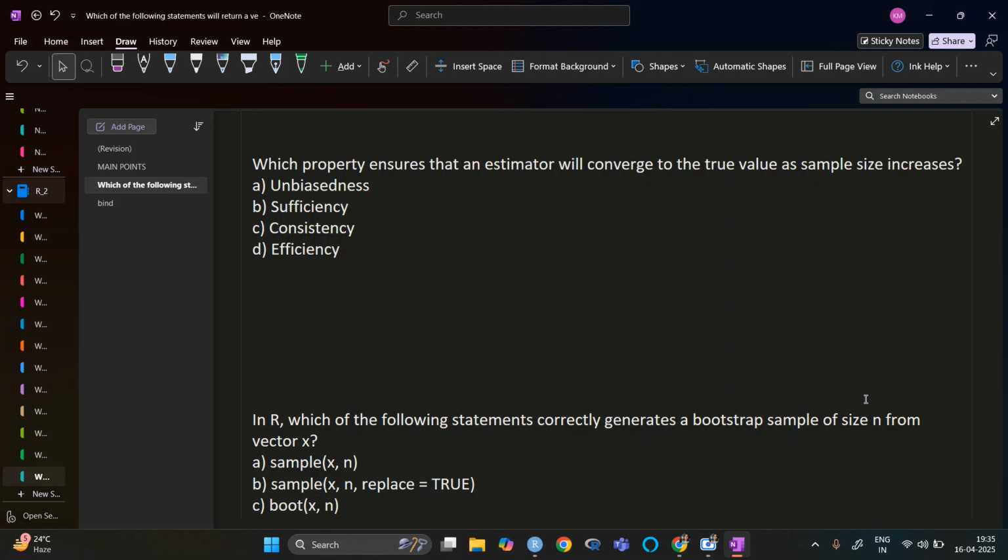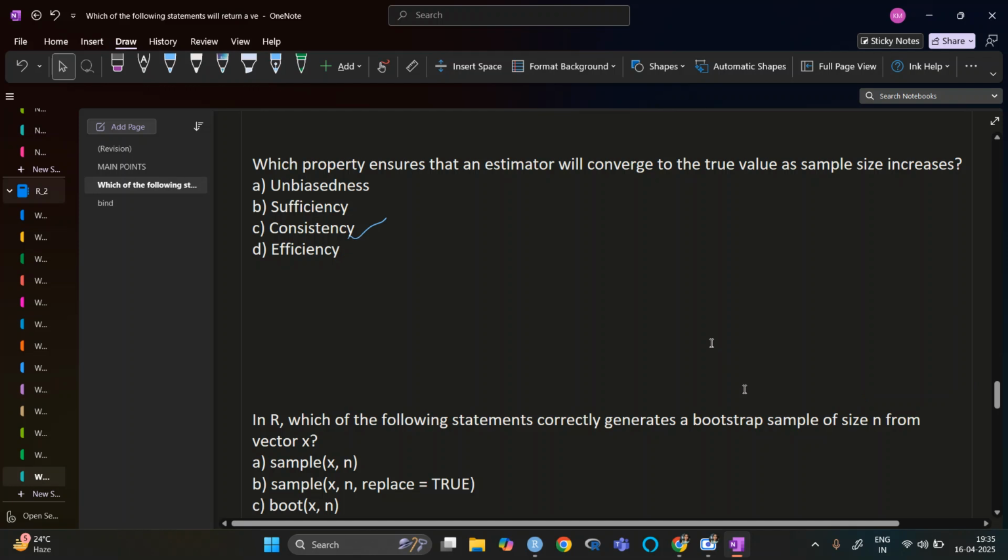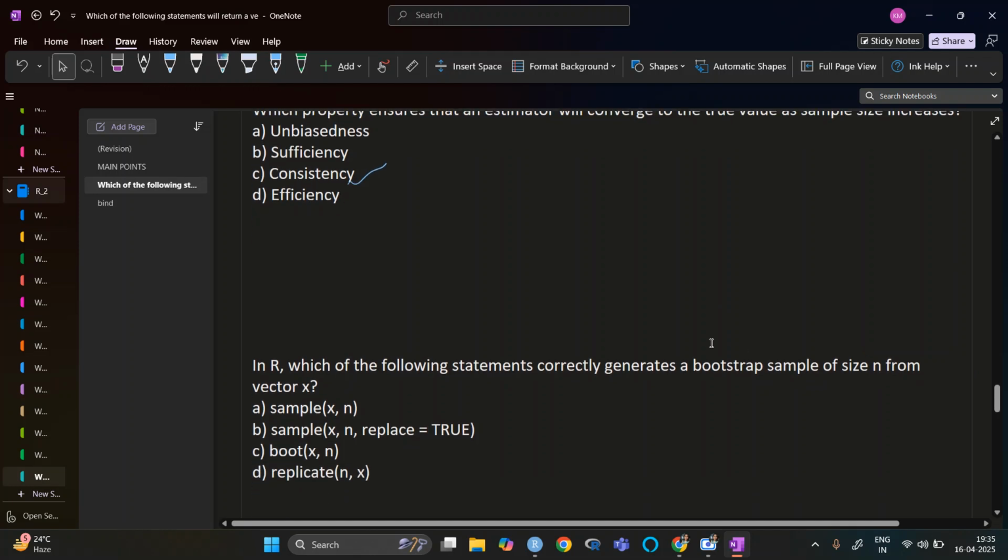If it is happening, then it means the estimator is not consistent. Consistency. Okay. I don't think this will come. I just got some questions, so I just added this.